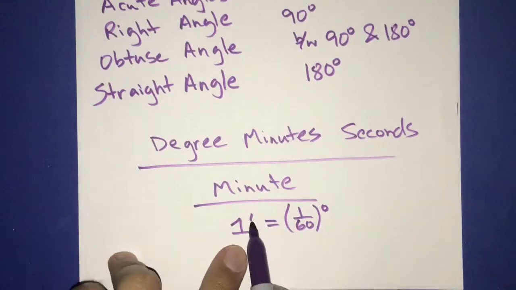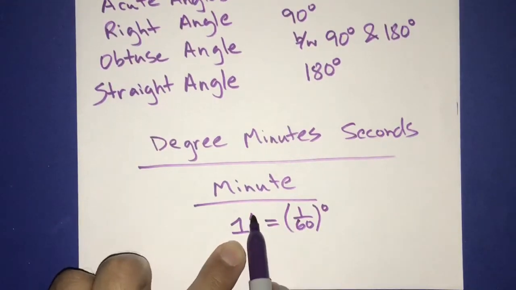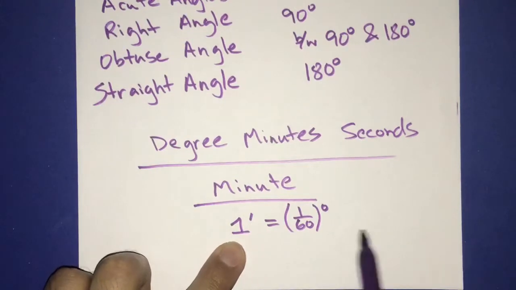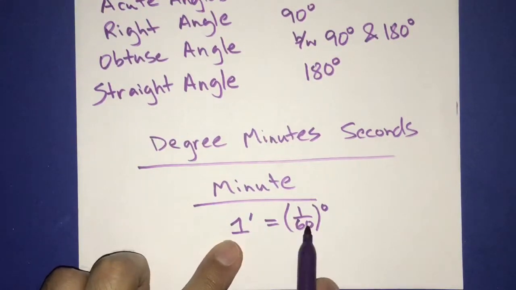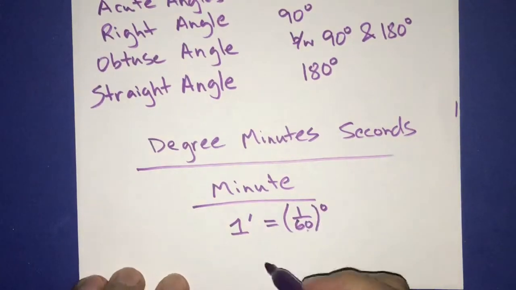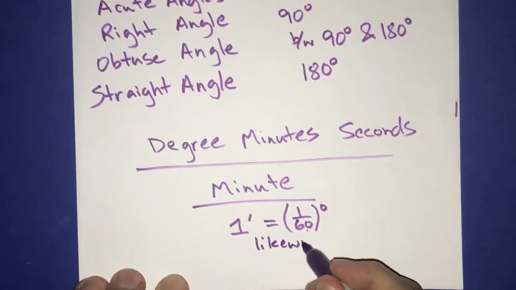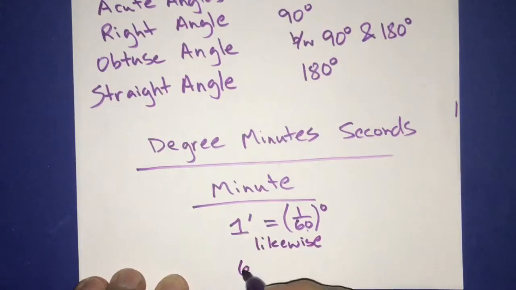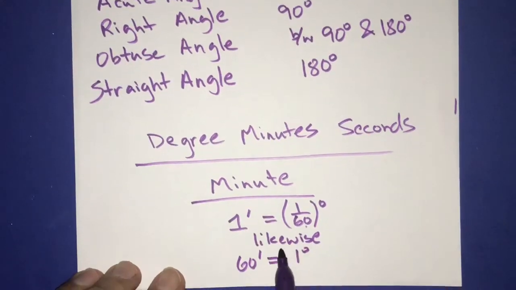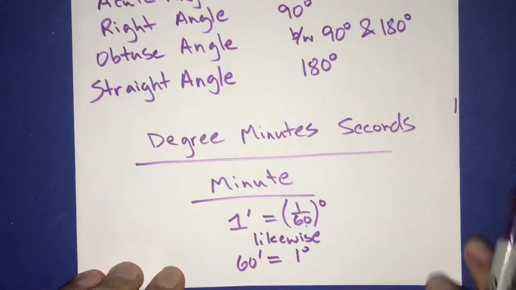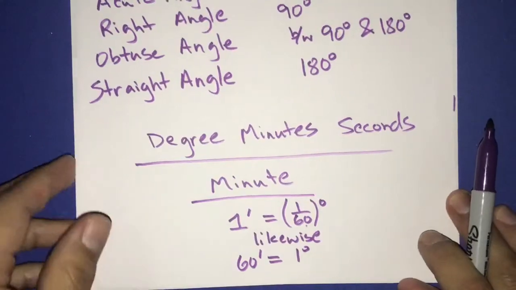They use this little apostrophe, or you could think of it as a prime. So 1 minute equals 1/60th of a degree, and likewise 60 minutes equals 1 degree. Doing this allows us to look at smaller units of measures of angles. Now let's take a look at seconds.